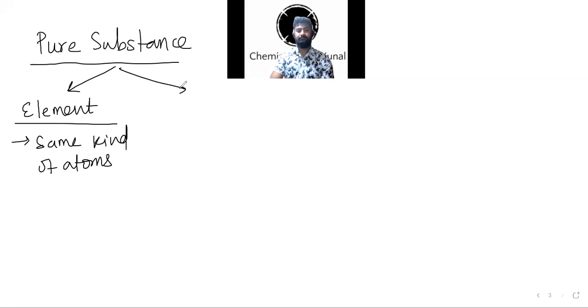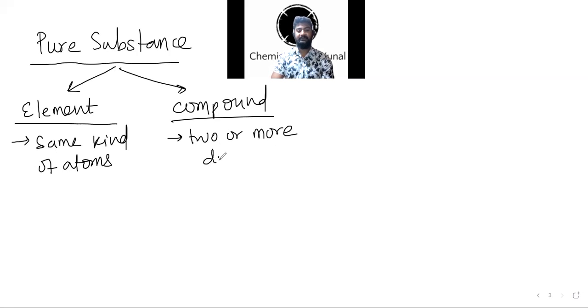Whereas pure compounds are the ones which are made up of two or more different types of atoms. Example, sodium. It's made up of just sodium atoms, so it's an element.